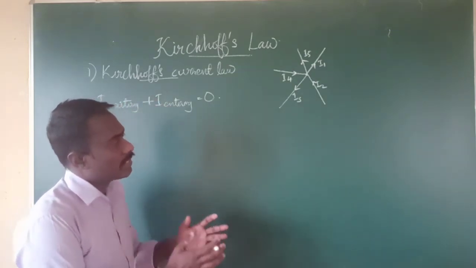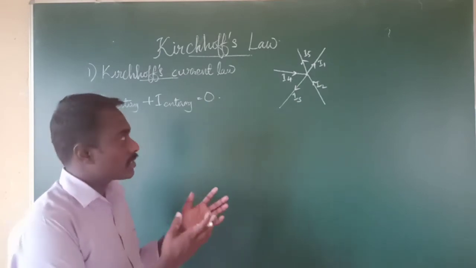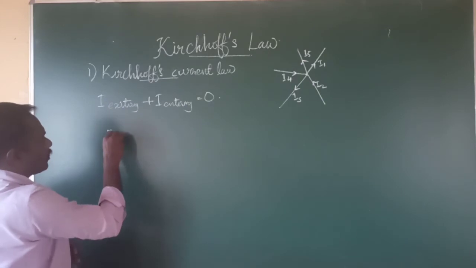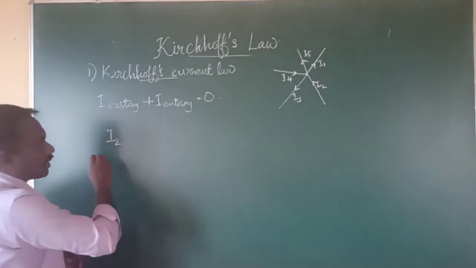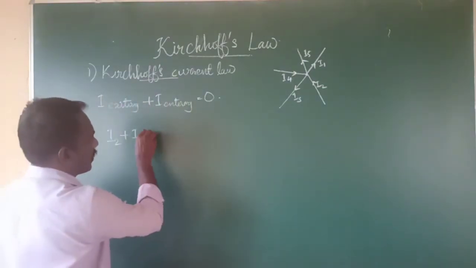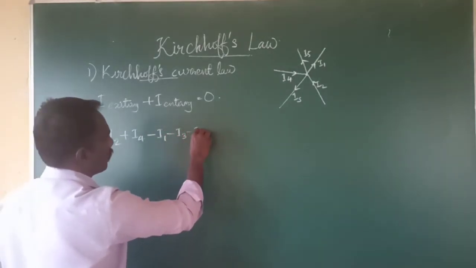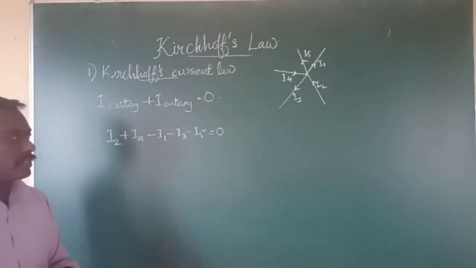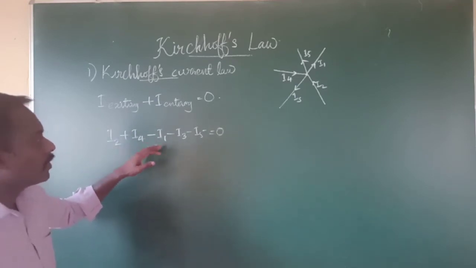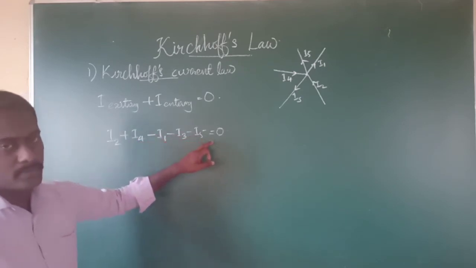When we write the sum of the incoming current and outgoing current, the law says it is always zero. So how do we write this? The algebraic sum: the incoming current I2 plus I4, and the outgoing current is taken as negative, minus I1 minus I3 minus I5, which is always zero.